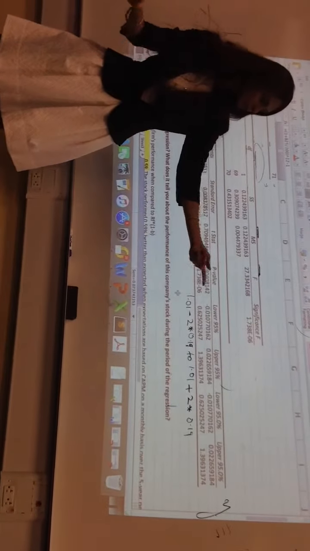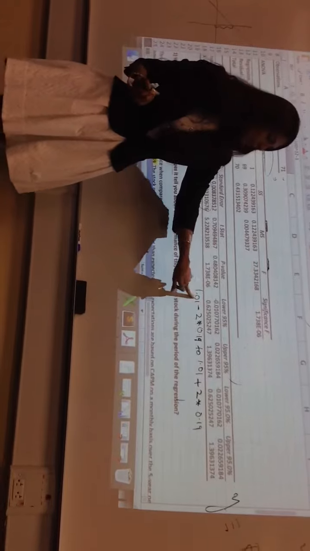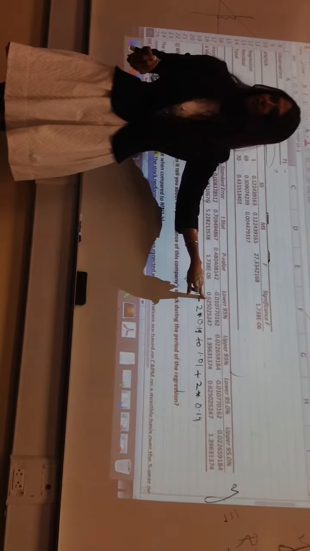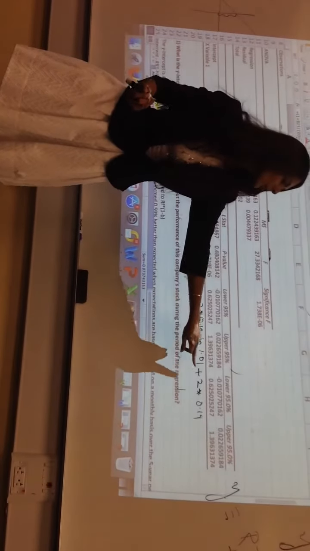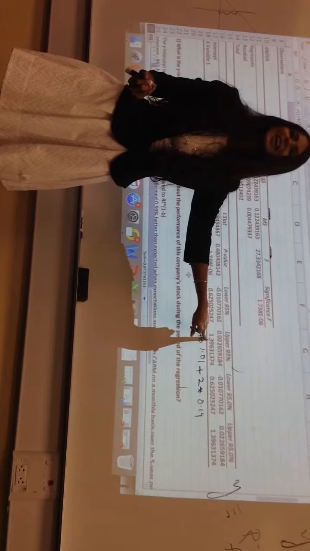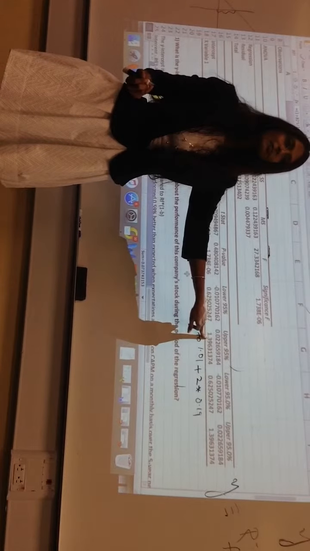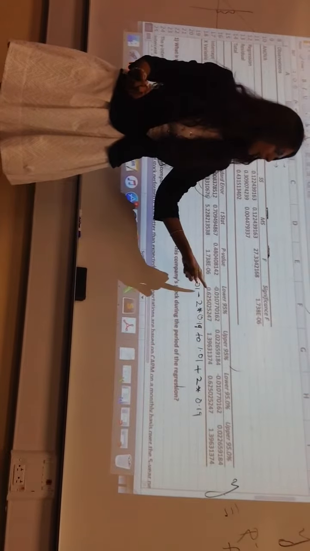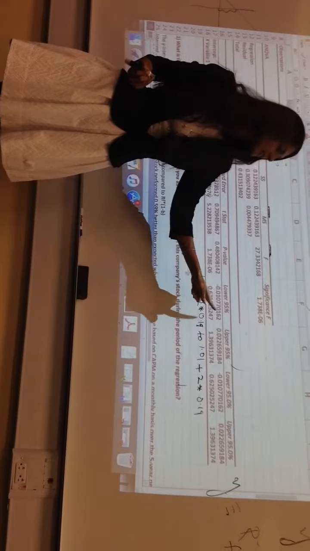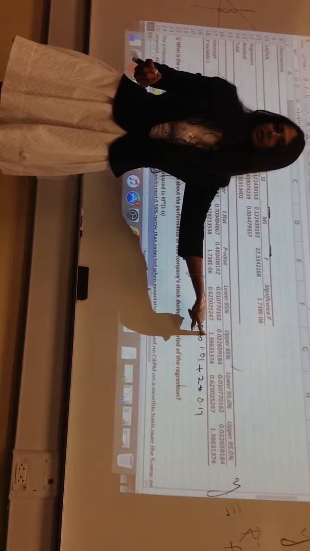You can do the math and check: 1.01 minus 2 times 0.19 should be equal to 0.62, and 1.01 plus 2 times 0.19 should be equal to 1.39. That is, we can say with 95% confidence that our beta is going to lie somewhere between 0.62 and 1.39.